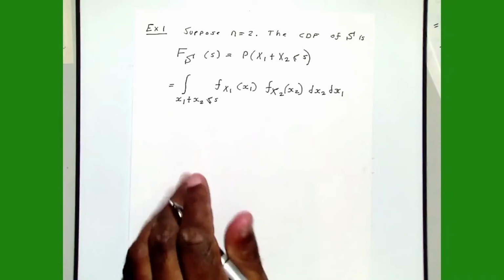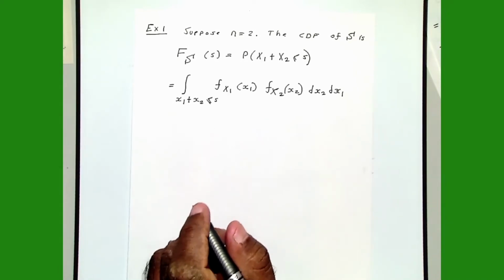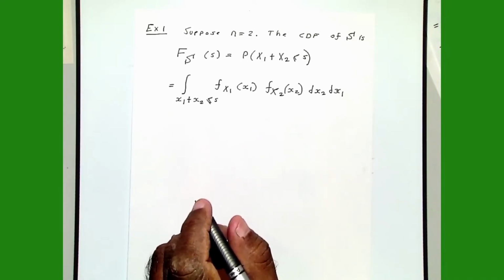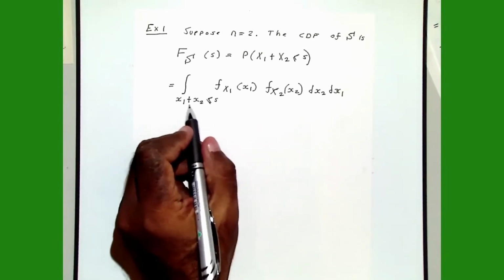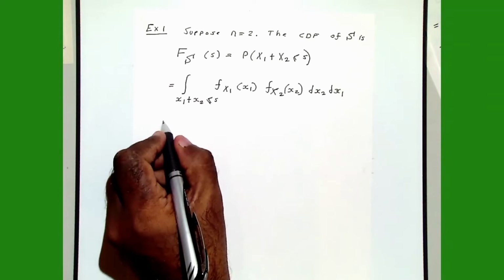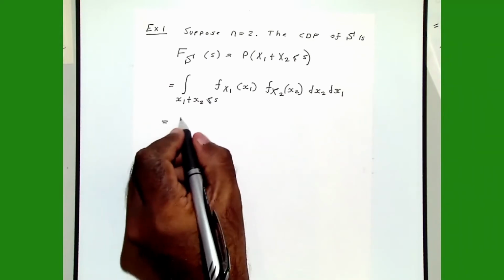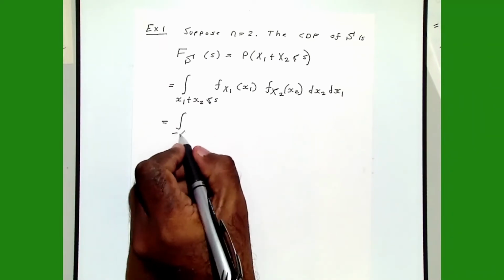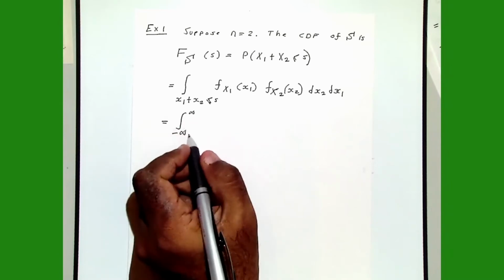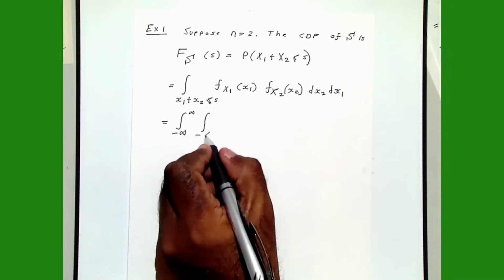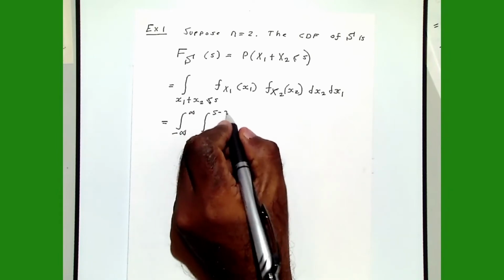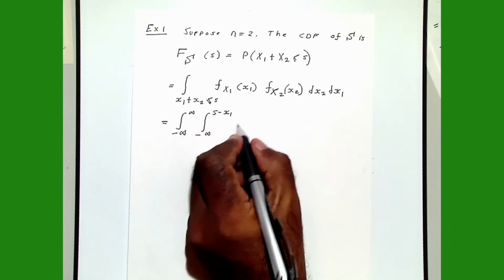Right. Okay, now this integral here, the integral over x1 plus x2 less than or equal to s, can be written as a double integral, x1 from minus infinity to plus infinity and x2 from minus infinity to s minus x1.